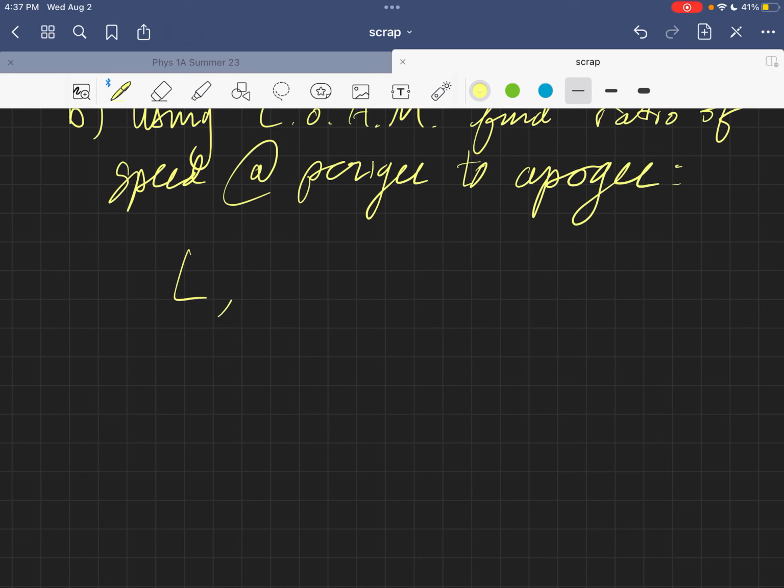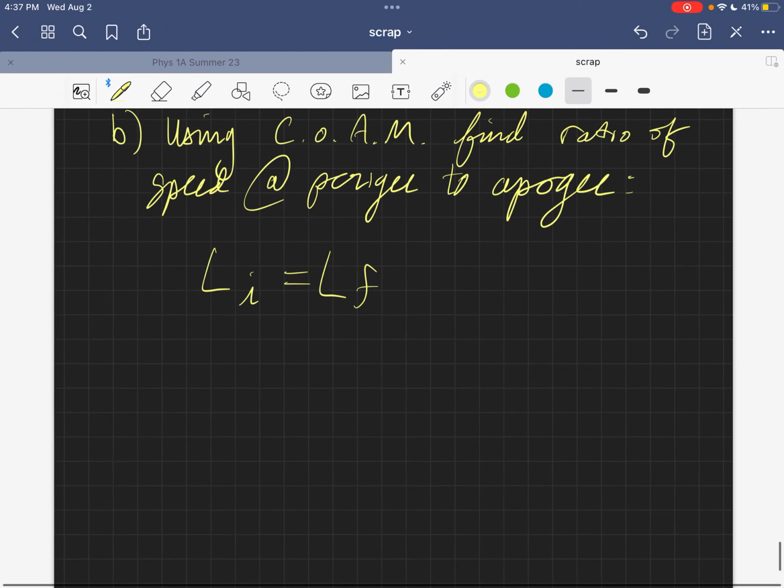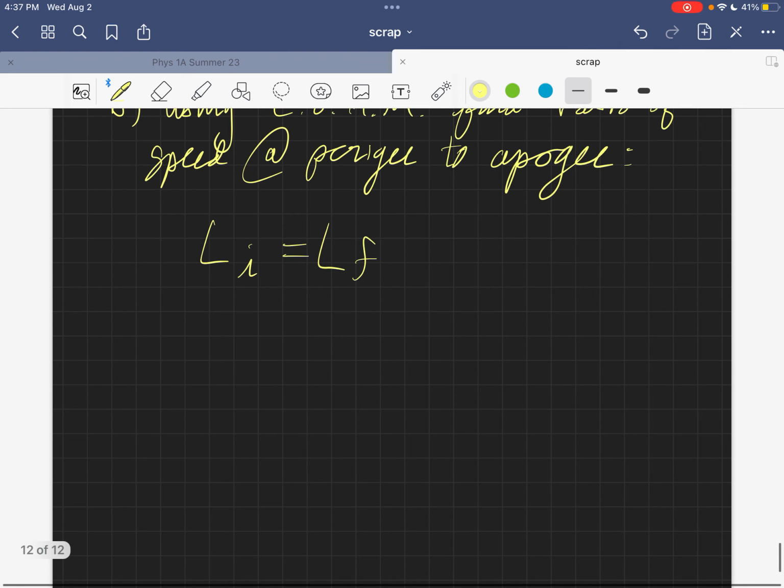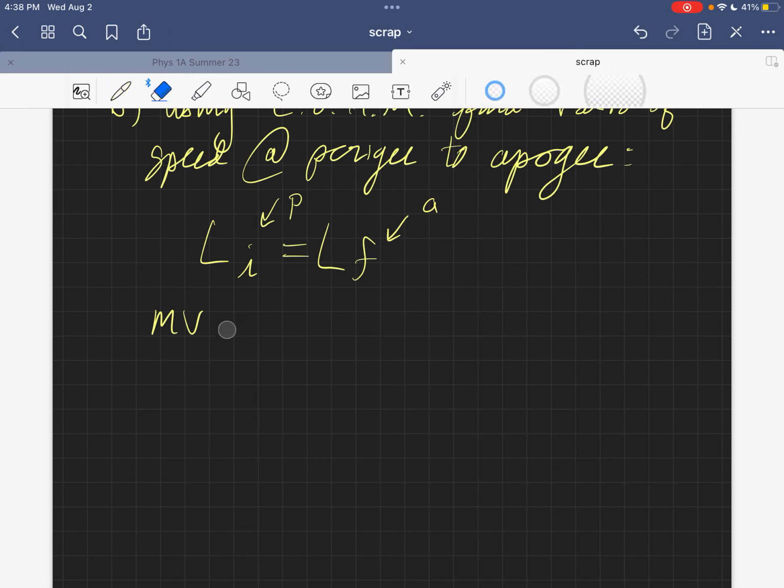All right, so Li is equal to Lf, angular momentum is conserved, and for that we can basically just convert, and I will say Li is the perigee and Lf is the apogee, okay? So we can convert from I and omega into M, V, and R using the relationships in the table I gave you all.